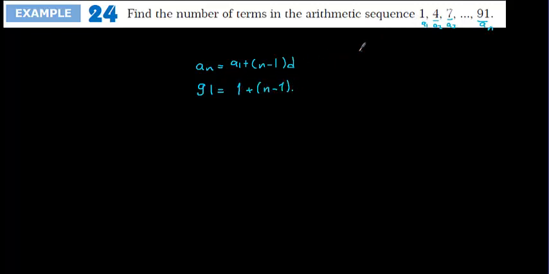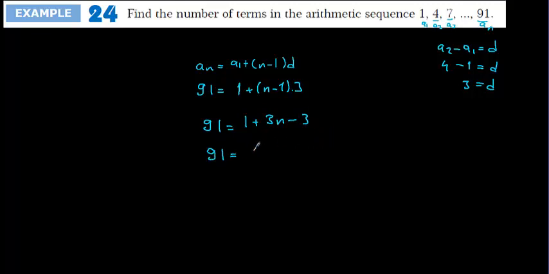D is the common difference. And how am I going to find the common difference? A2 minus A1 gives us the d, and 4 minus 1 is equal to d, so 3 is equal to d. I'm going to write 3 instead of d here, and I find 91 is equal to 1 plus 3n minus 3.